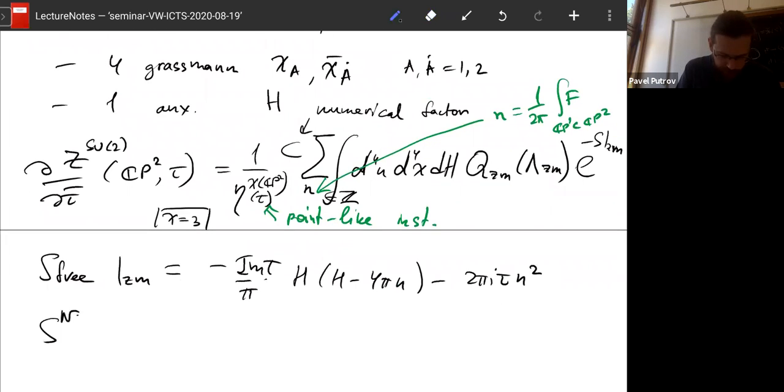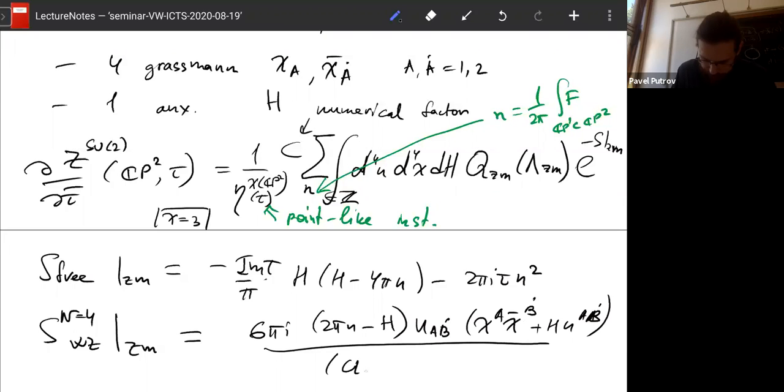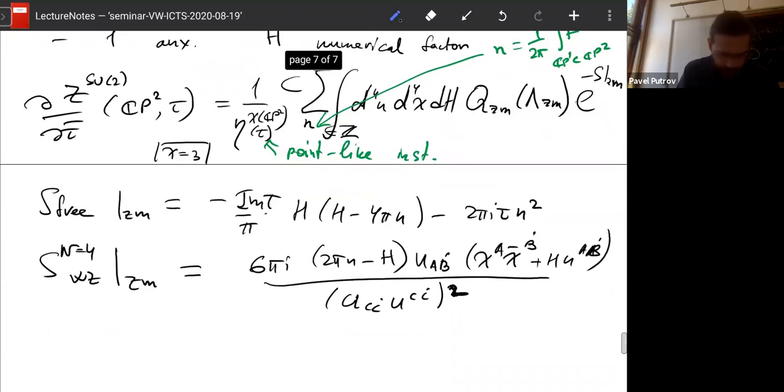And there will be this part which comes from the four-derivative pairs, which, when restricted to zero modes, is of this form. And finally, this lambda restricted to zero modes.